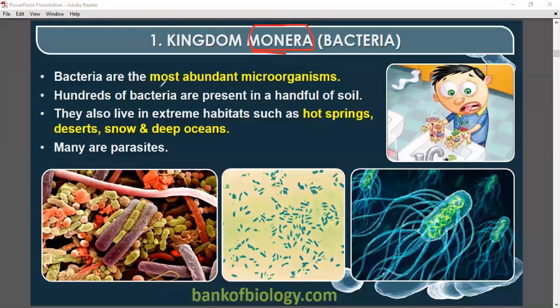Kingdom Monera. Bacteria are the most abundant microorganisms. You see bacteria in water, on your hands, in your home, everywhere. Hundreds of bacteria are present in a handful of soil, and they live in hot springs, deserts, snow, and deep hydrothermal vents, at high temperature, pressure, and extreme conditions.